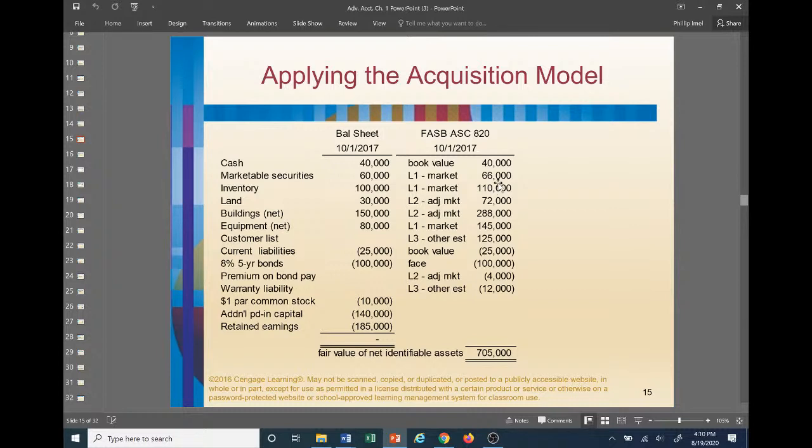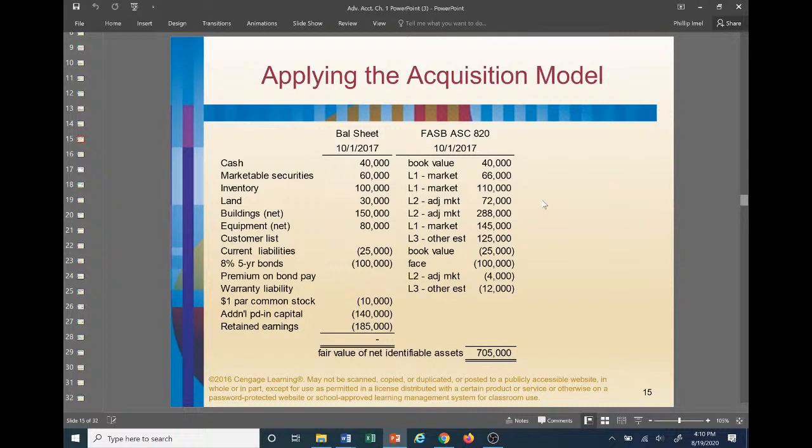At the end of a reporting period, say this company is standing alone, they have to mark these to market on the balance sheet date at the end of the year. So obviously it's changed since the end of their previous year. They've increased the value by $6,000. Same thing, inventory, level 1 market. Land, level 2 adjusted market.